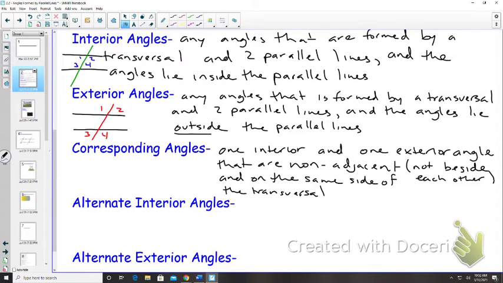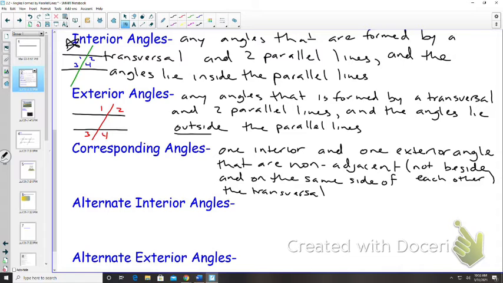So really, when we talked about angles 1 and 4 of our interior angles, are those truly corresponding angles? From our definition, we said a corresponding angle must be an interior and exterior. So for our interior angles, we said that 1 and 4 and 3 and 2 were corresponding.